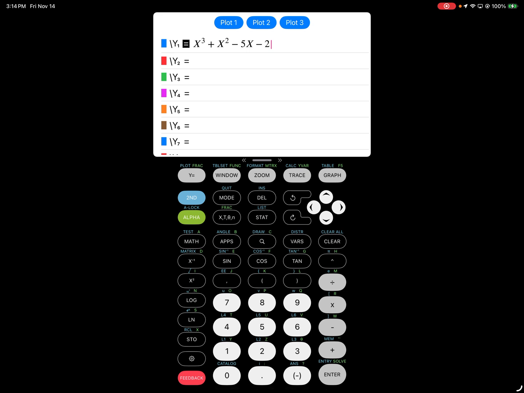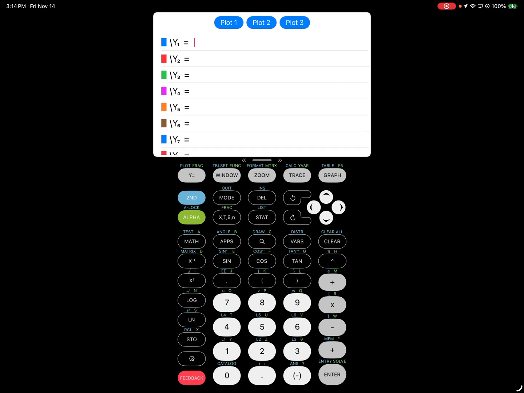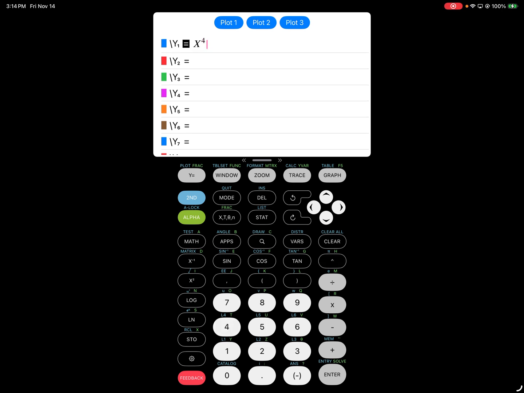So hit your y equals, get that thing in. Make sure you hit the right arrow after you put the fourth power in, because we're going to do some techniques on the graphing calculator, one of which you should have known for last chapter, and the second one you're going to learn today.